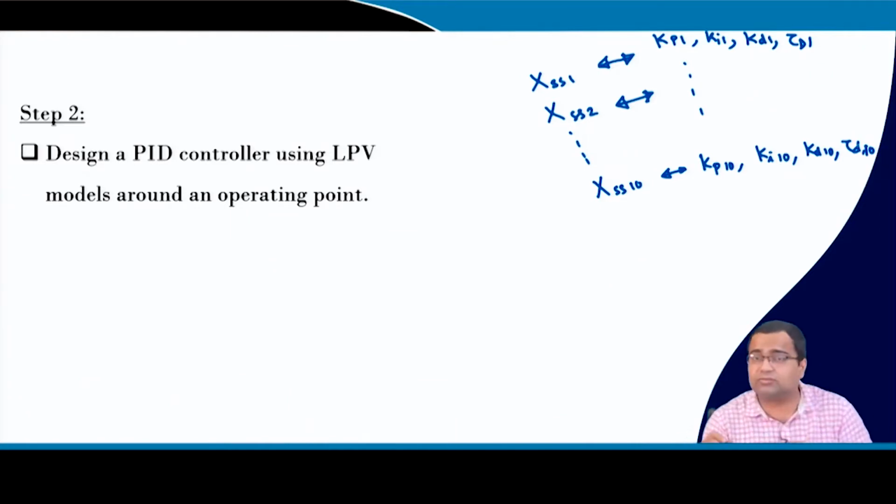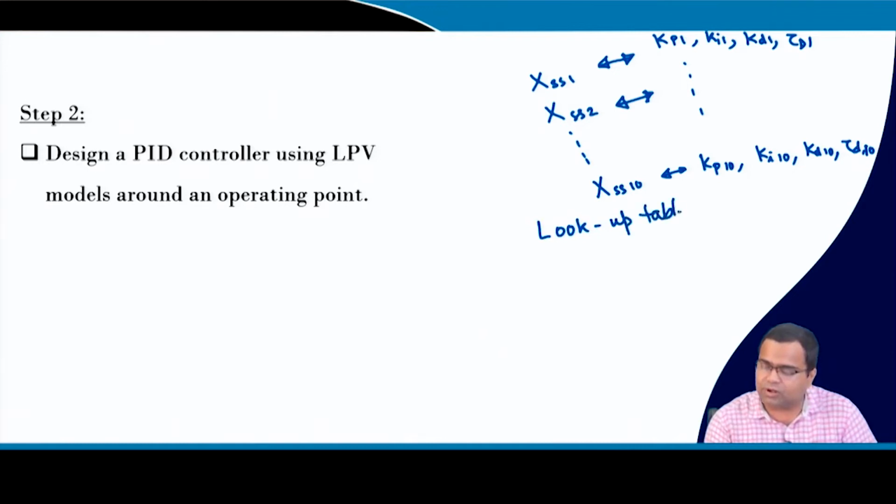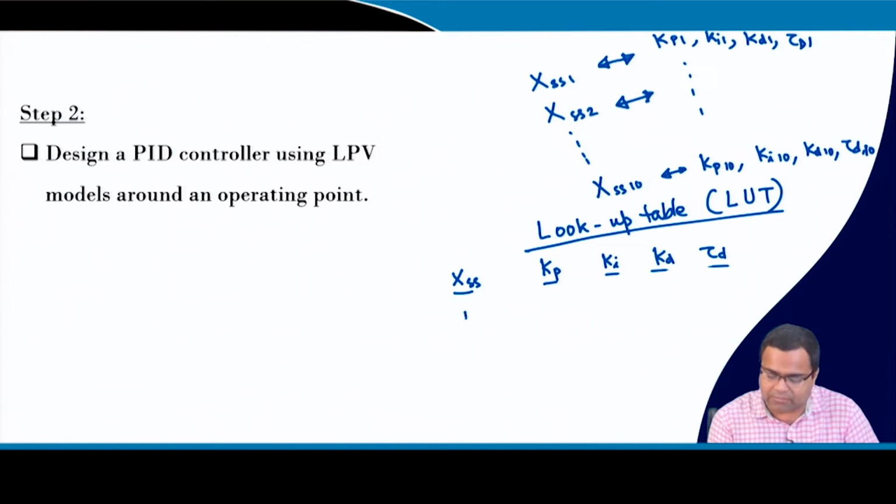So, these parameters, once we obtain them offline, we can simply plug into a lookup table. Here the lookup table has the operating points x, and here KP, KI, KD, tau D. So, for point number 1 you will get a set of controller gains, for point number 2 you will get another set, and these are stored in a lookup table.